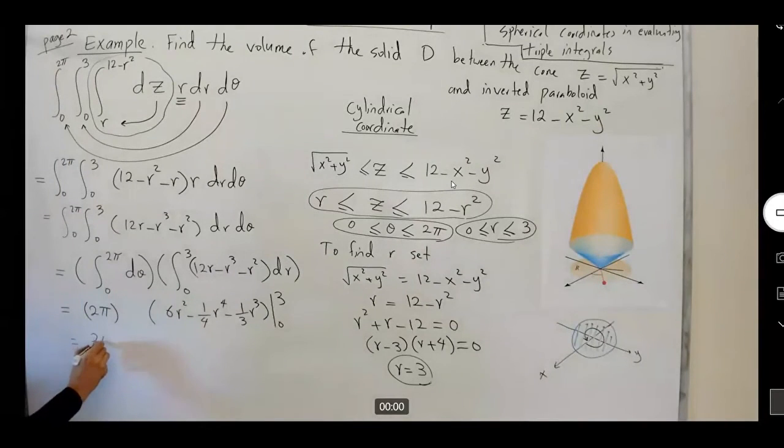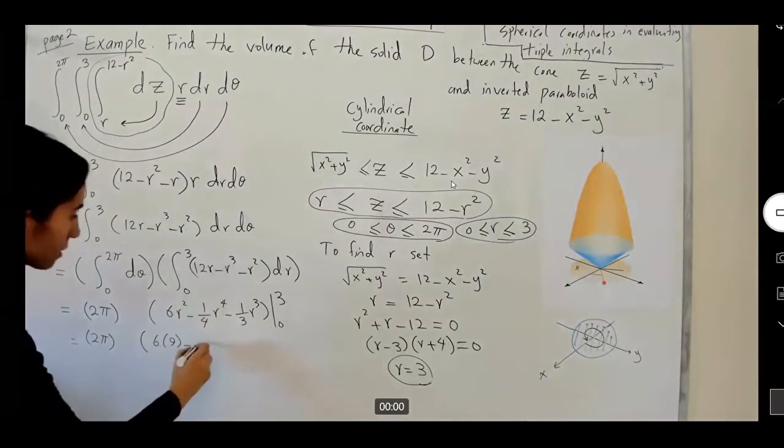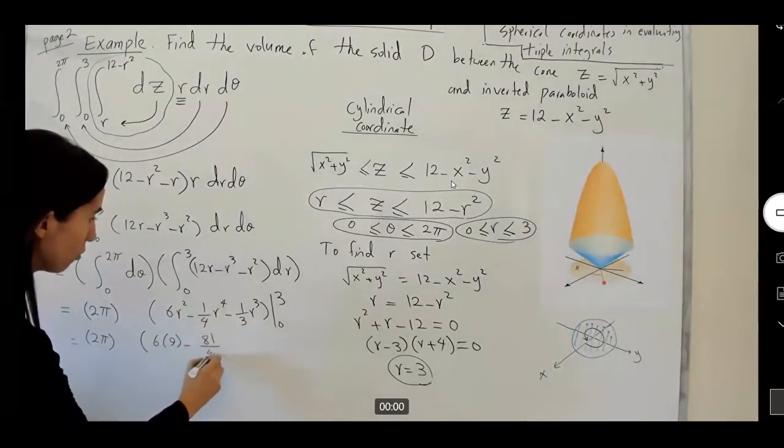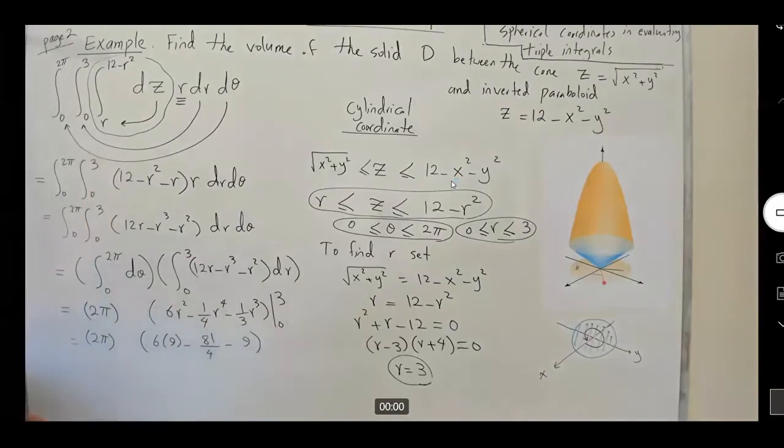So I get 2 pi times 6 times 9 minus 81 over 4 minus, here I have 27 over 3, I get 9. If I write it as 27 over 3, then I can factor that out, that's absolutely fine. So I get 2 pi.